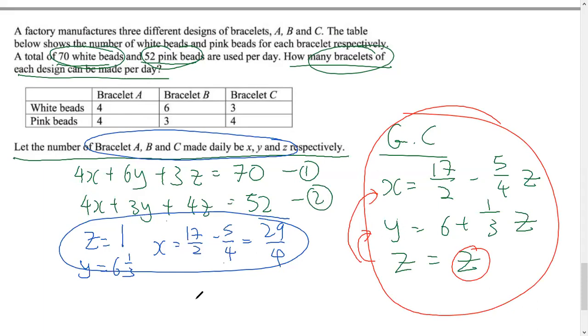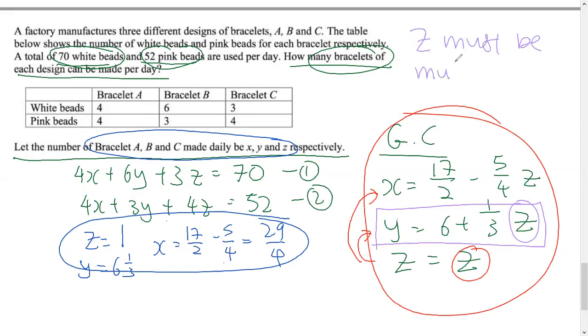How can I make sure that Y will become an integer value? The simple answer is Z must be a multiple of 3. This sets the first criteria for Z.